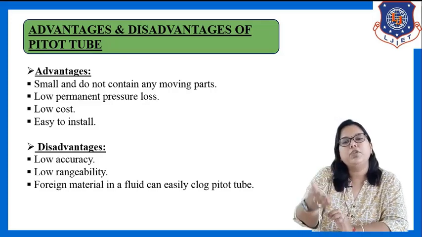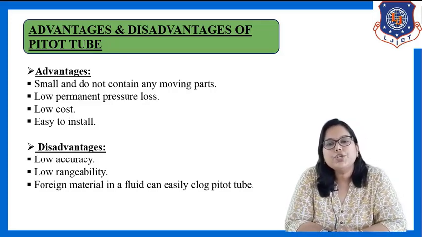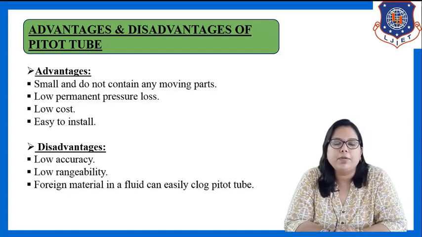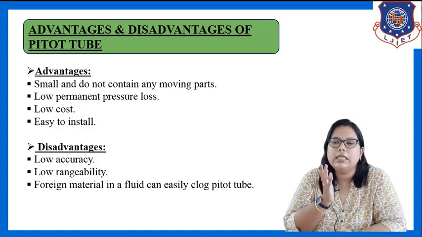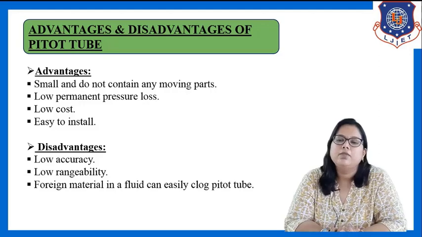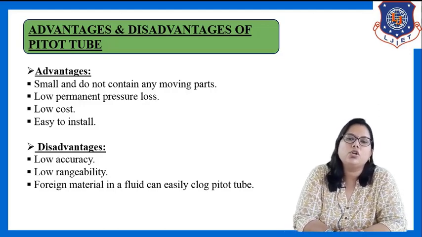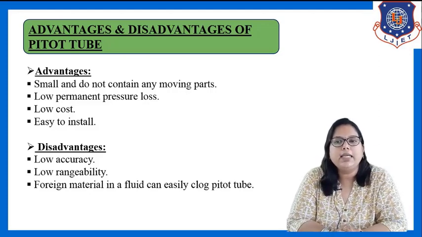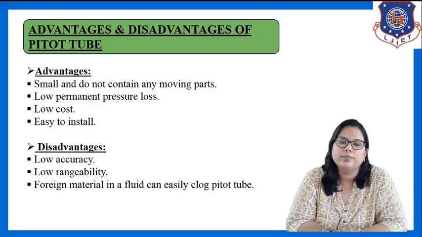At that time, we have to use the venturi or orifice meter. So, the disadvantages of the Pitot tube include low accuracy, low rangeability, and with foreign materials, we cannot go for the Pitot tube. So, these are the advantages and disadvantages of using the Pitot tube.